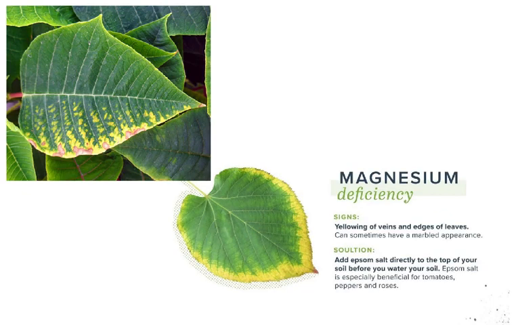Now, as you can see, these are typical magnesium deficiency diagrams in which you can see the yellowing of the area between the veins. Either there's yellowing of the veins, or as it says, yellowing of the veins and edges of the leaf. So you can see how this whole edge of the leaf has become yellow.